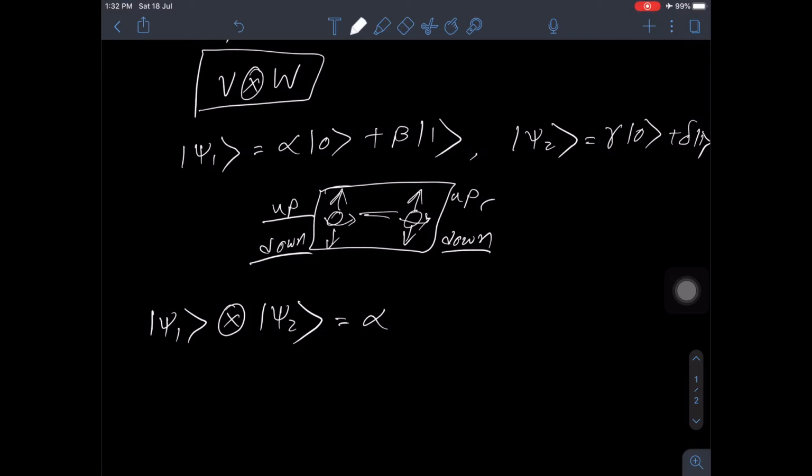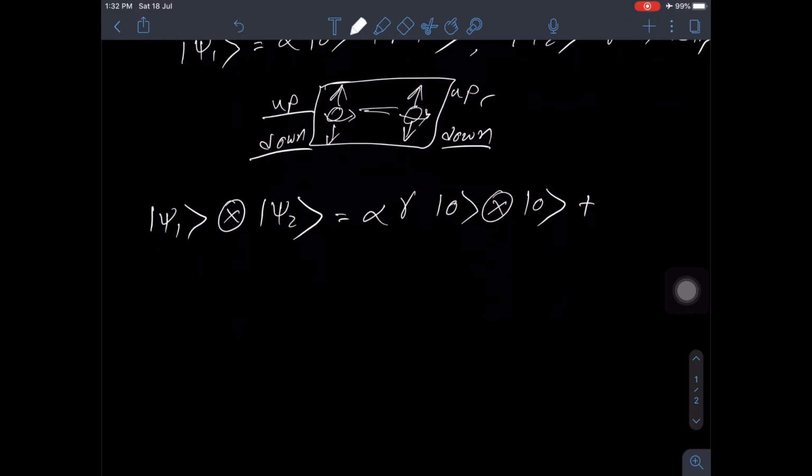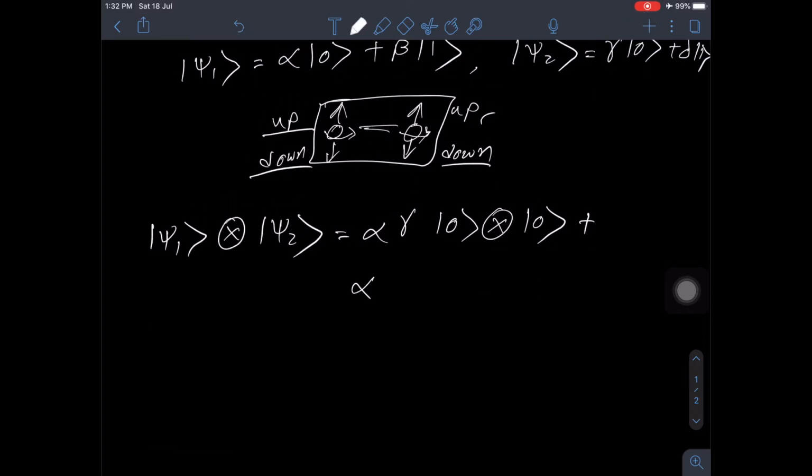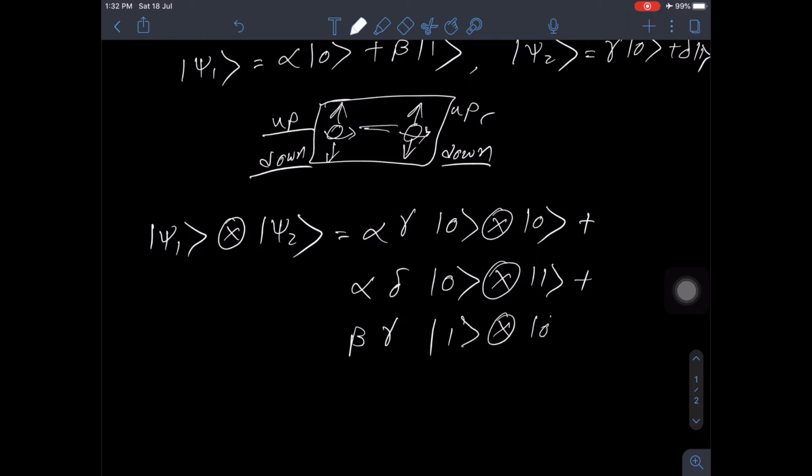You do alpha gamma, and then you have 0 tensor 0, plus alpha delta 0 tensor 1, plus beta gamma 1 tensor 0, plus beta delta 1 tensor 1. So as you can see, this is a superposition of 4 states.